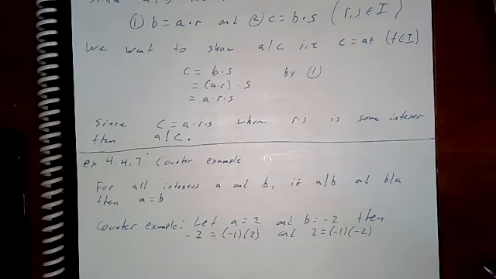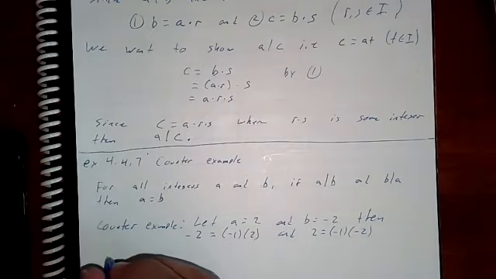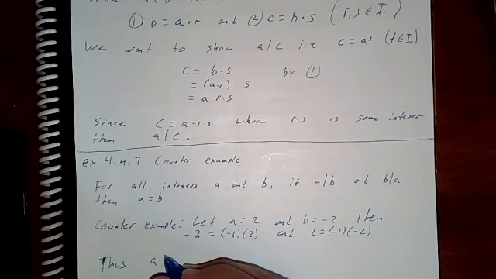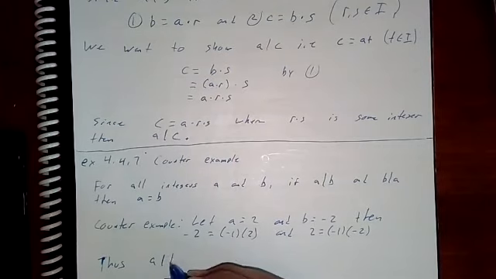Right, so this is a true statement. -2 is equal to this times that, and there's my a and b. So therefore, thus, a divides b and b divides a, right?